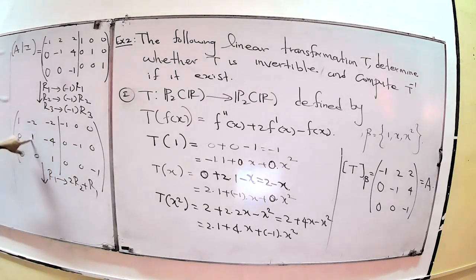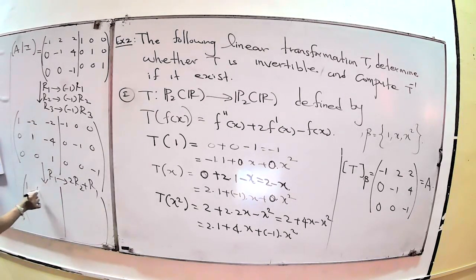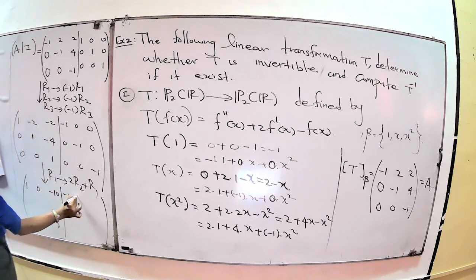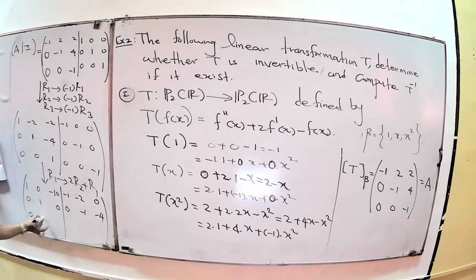Suppose you multiply by 2 and then add, here you get 0. Then the matrix becomes 1 0, minus 1 0, minus 1, minus 2, 0, 0, 1, 0, 0, minus 1, minus 4, 0, 0, 1, 0, 0, minus 1.